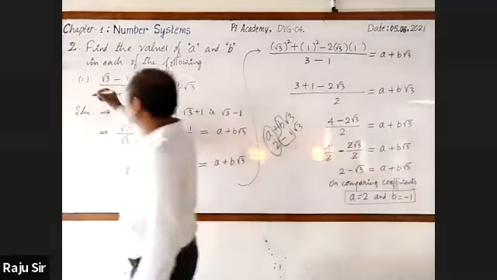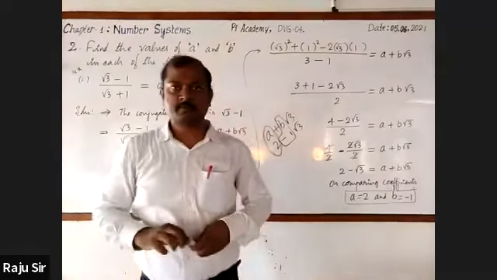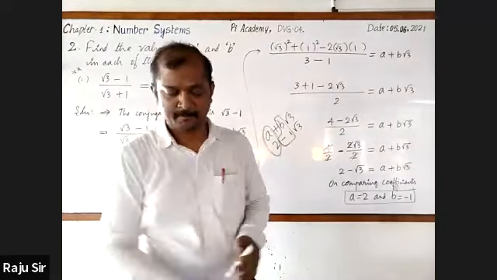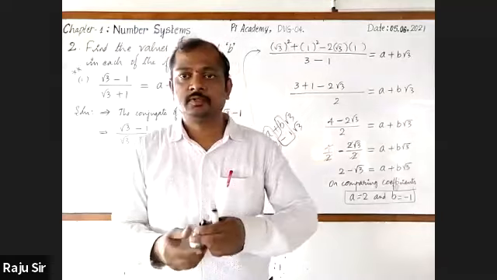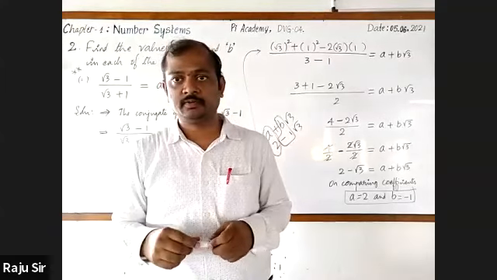This is an important type of question. Please put a double star mark for this. Sir, if the right hand side is in the denominator, then we should conjugate the numerator? Yes, if they give A and B in the denominator, it should be done the same way.